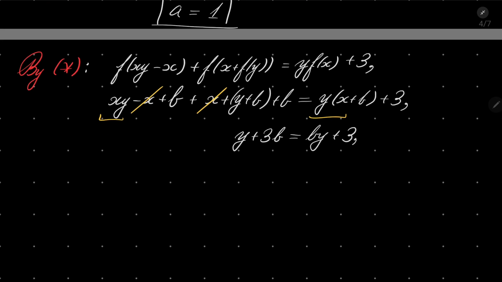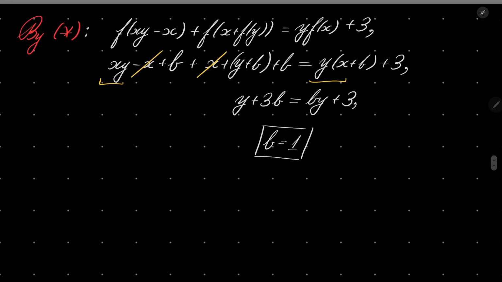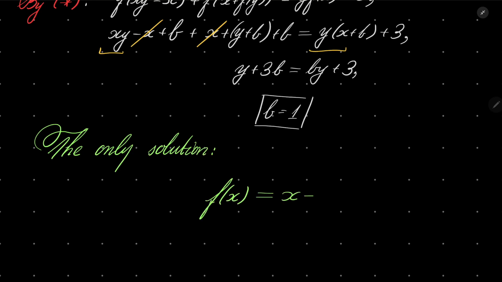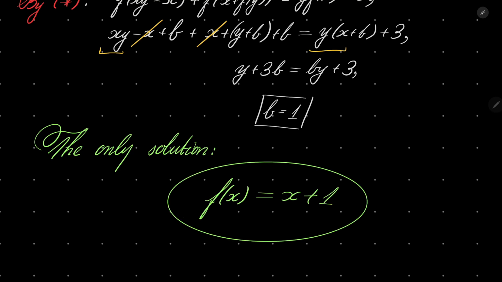Remember, that should hold for every y. That means that b equals 1. It's the only possibility. So our functional equation has only one solution, the function f of x equals x plus 1. It's the only solution of both of our conditions.